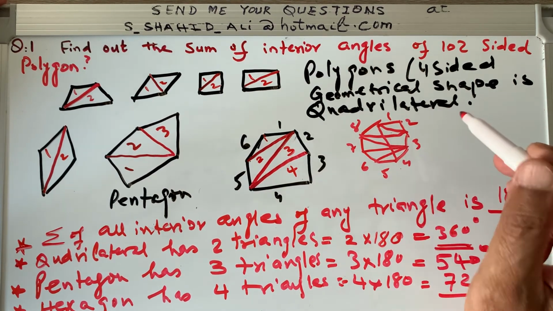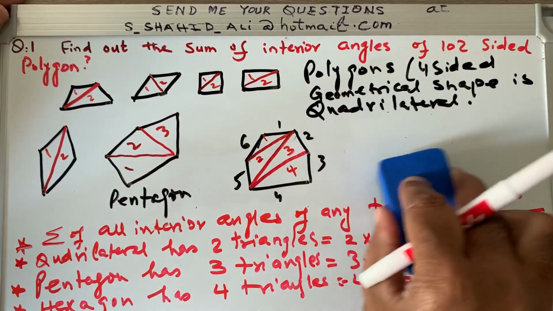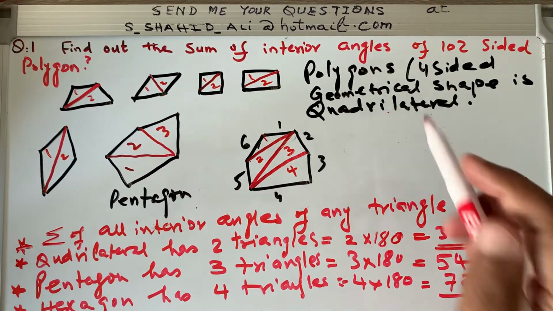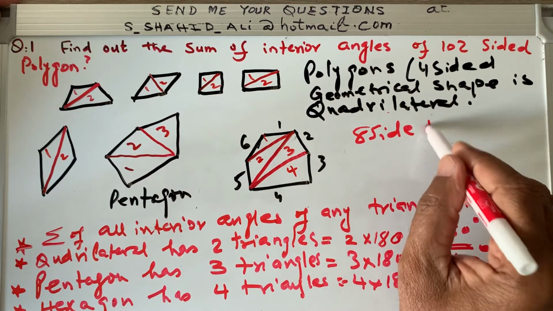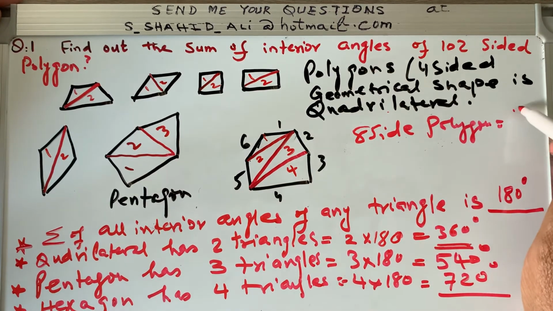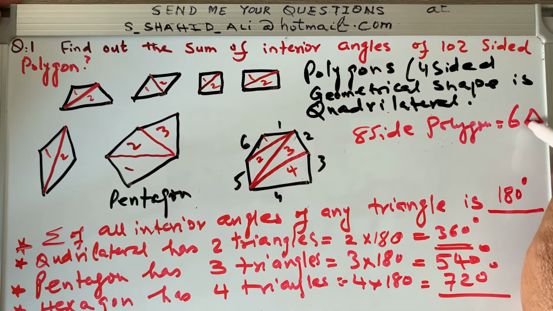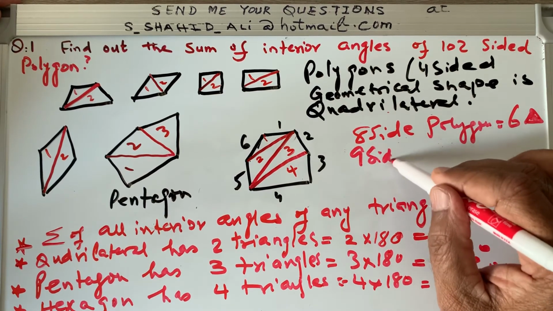So the picture is not that clear, but I am sure you understand that an 8-sided polygon has 6 triangles, right?